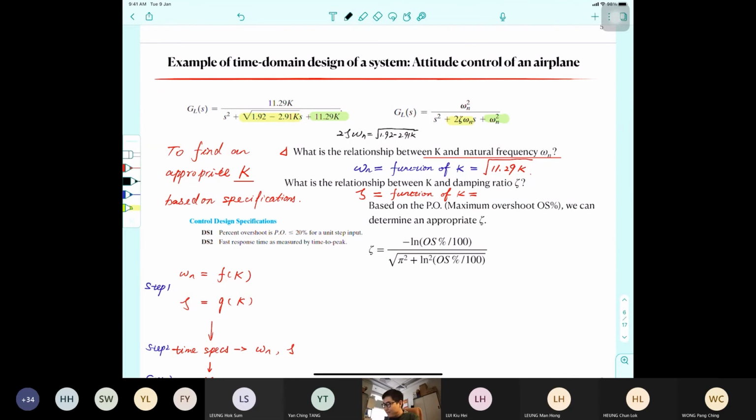Therefore, we can square both sides to eliminate the square root, right?